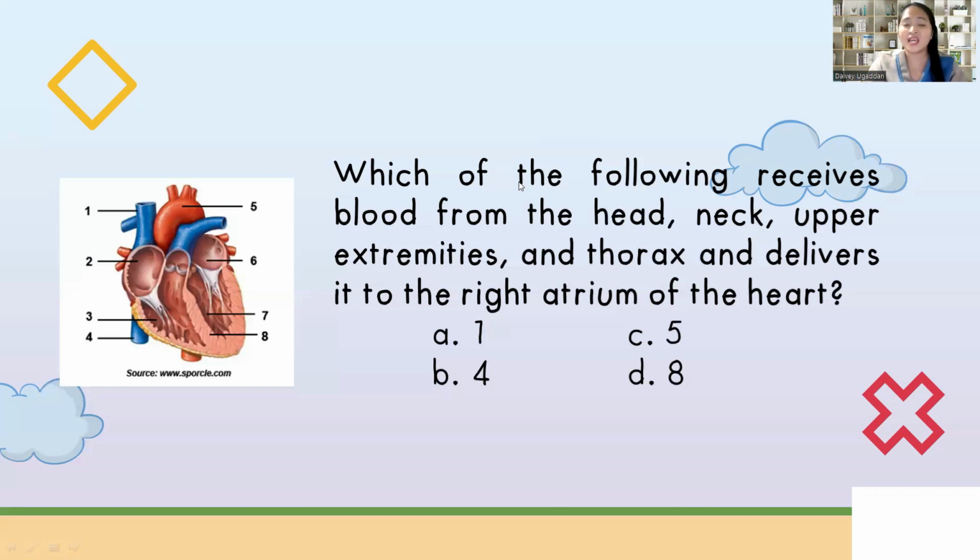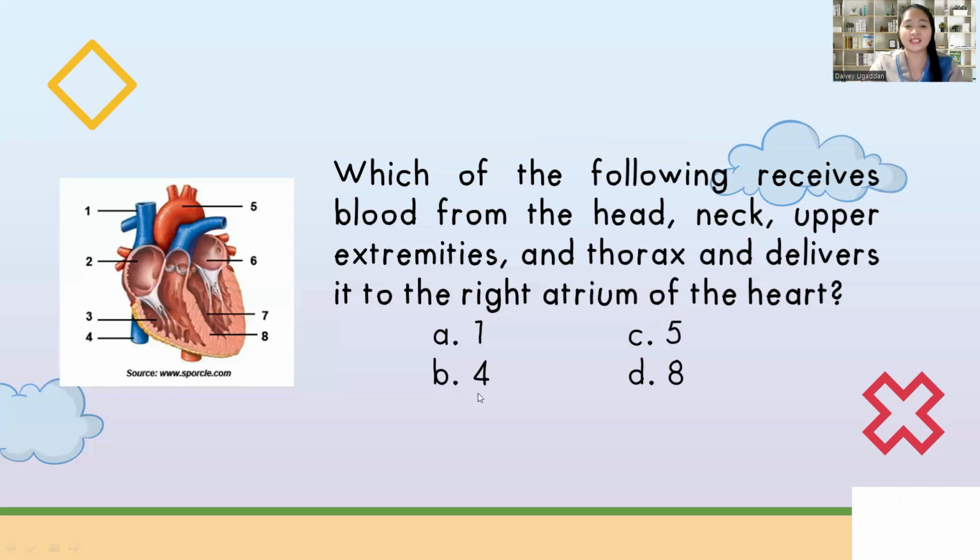So what receives this kind of blood first before it can be passed on to the right atrium? We can eliminate first number 5, the aorta, because it does not receive deoxygenated blood. We can also remove number 8 because that is your septum and it doesn't receive deoxygenated blood. So that leaves us with 1 and 4.